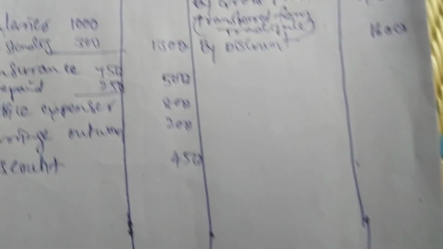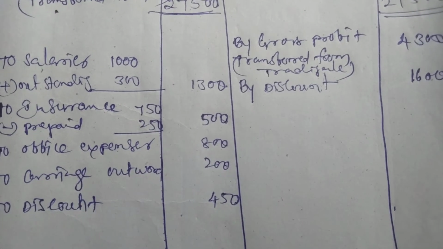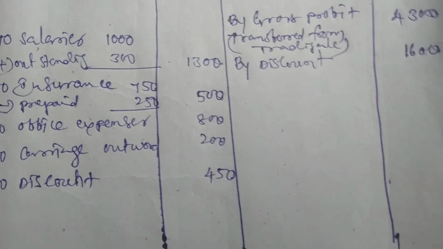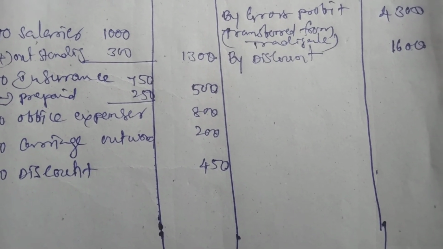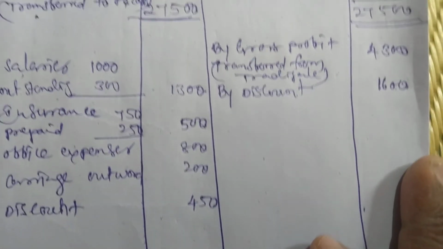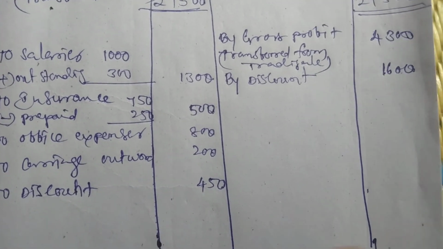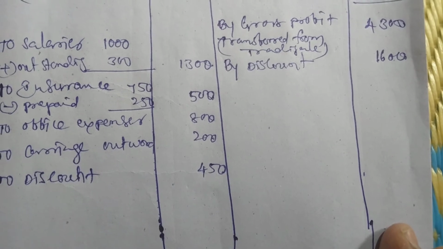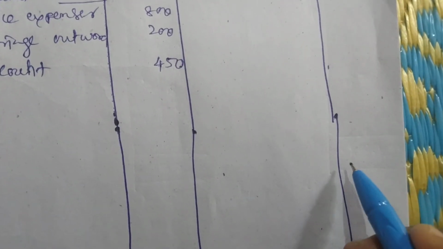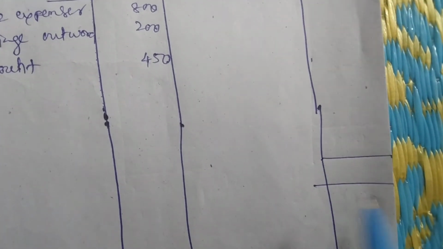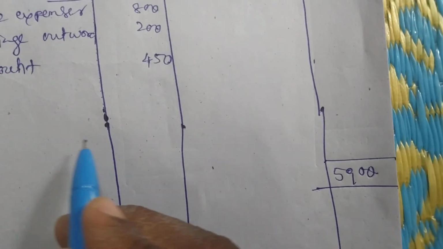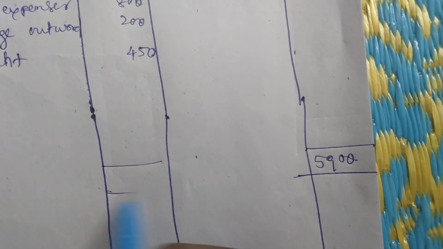So observe in the debit side also 1,300, 500, 800, 200, 450. So these items are very low compared to the credit side. So I think here also the credit side is the higher amount, that is 5,900. So 5,900 is recorded in the credit side, and the debit side also has the same amount written here.